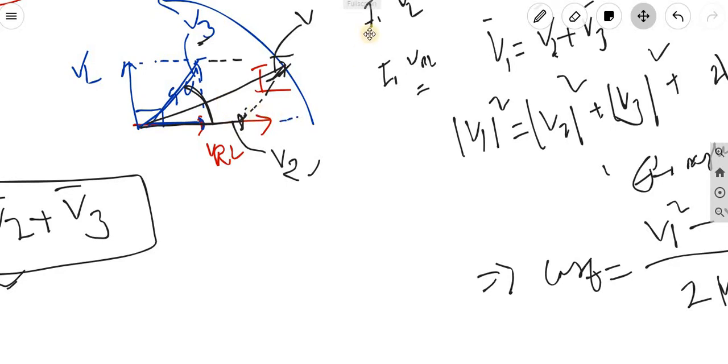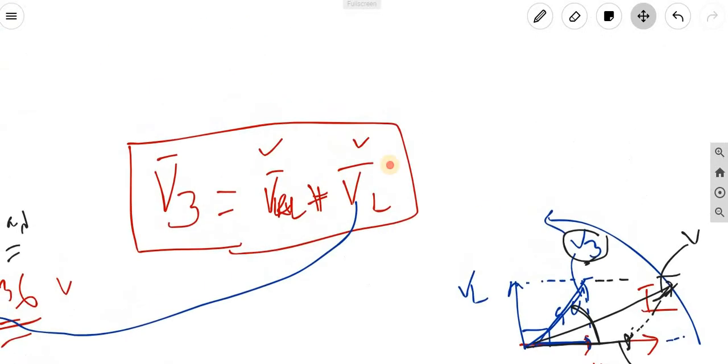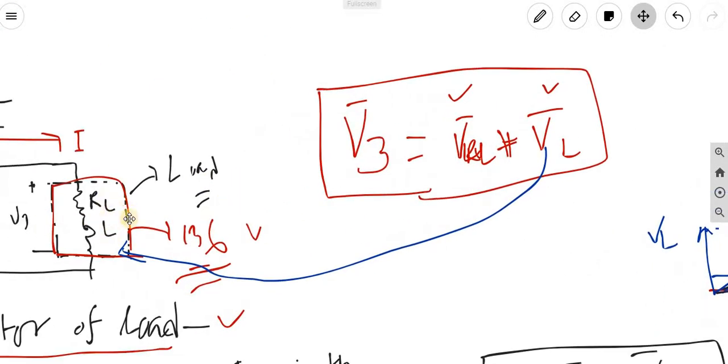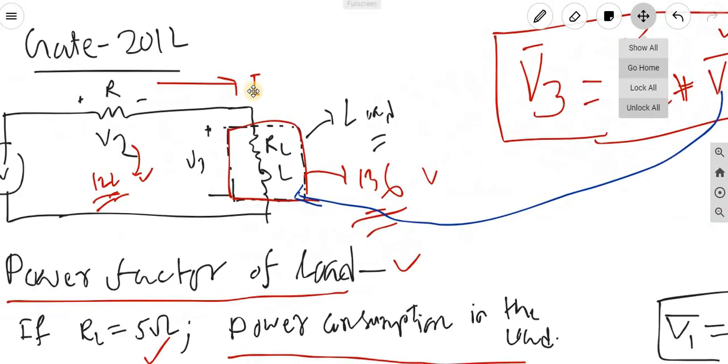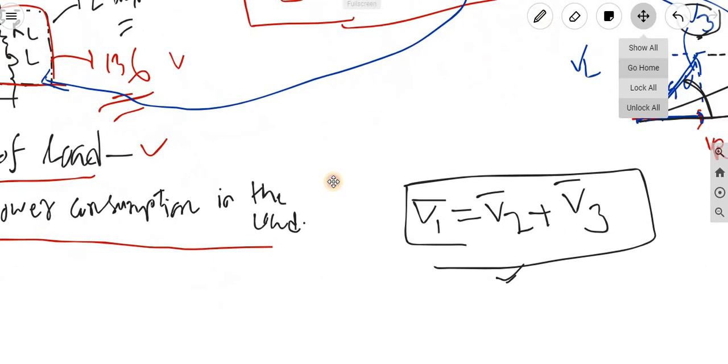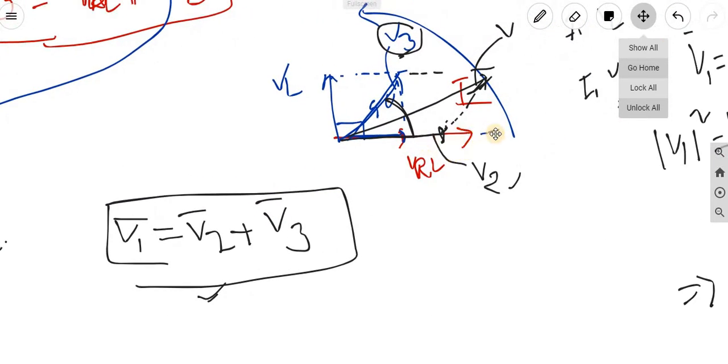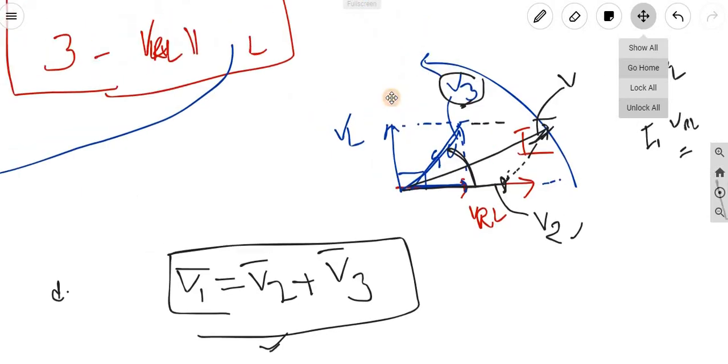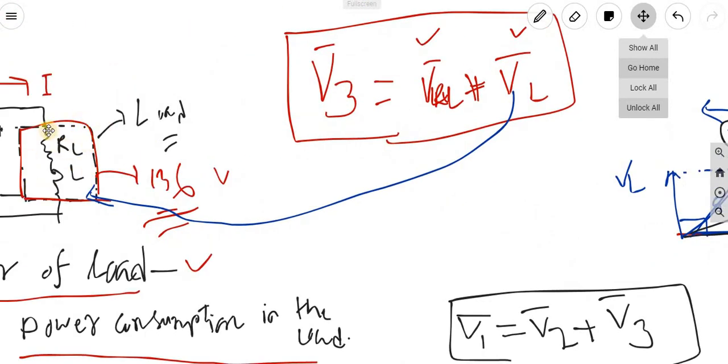Also see, in this direction the current I is there, and V3 is nothing but the voltage across the load. So the current and the voltage. This current is lagging by this angle, with V3 being across the load.